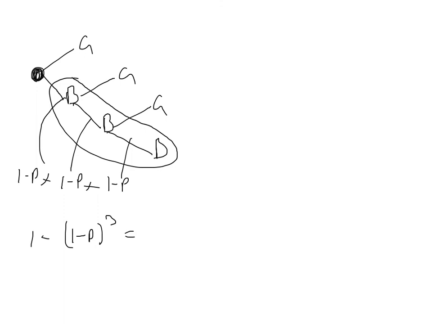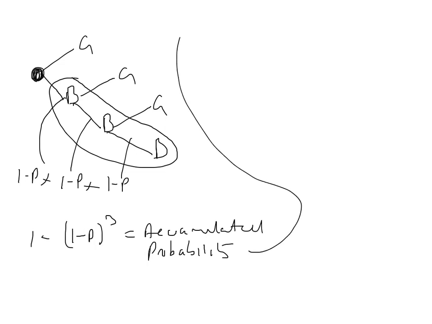And that's going to give us our accumulated probability. What we can do is we can just generalise the formula, haven't we? Because what does this 3 represent? It represents 3 births, doesn't it? So we could rewrite this as 1 minus (1 minus p) to the power of n, where n is the number of births.